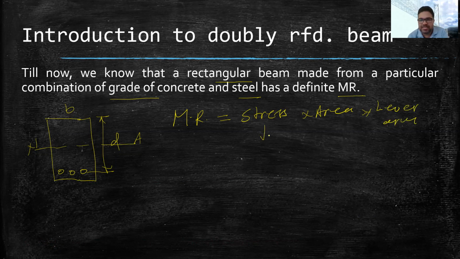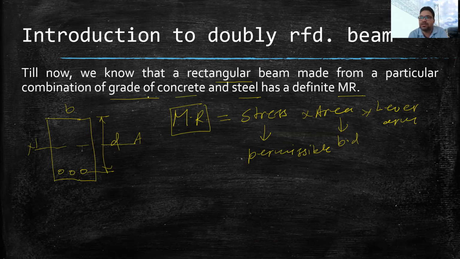So this stress is actually the permissible stress, and area is basically dependent on the dimension, which is B into D, and lever arm is again dependent on the dimension, which is D. So it actually depends on D. So now this MR will be definite for a particular combination of grade of concrete and steel.